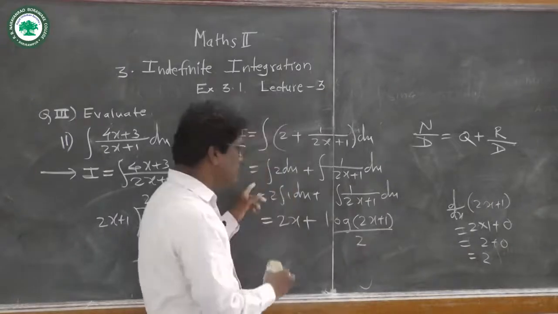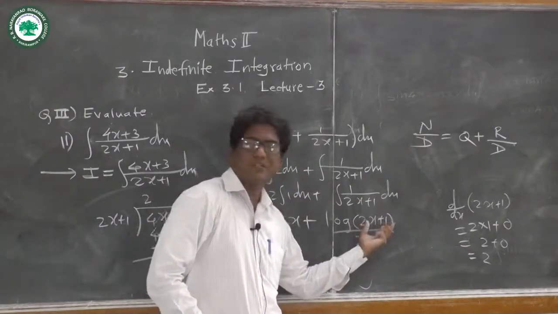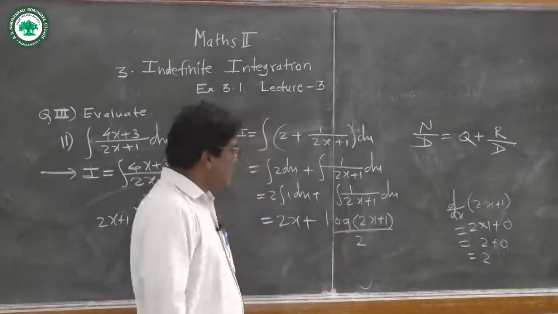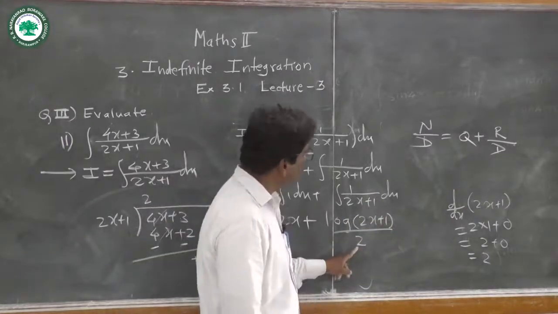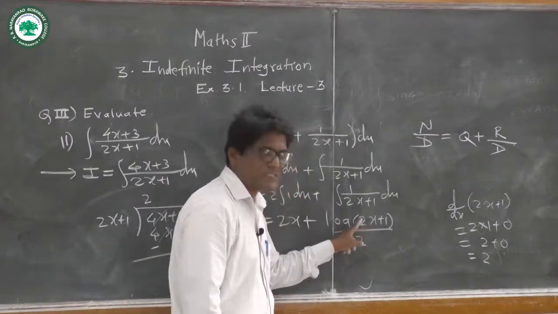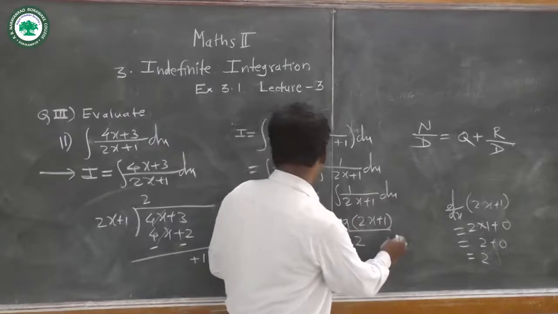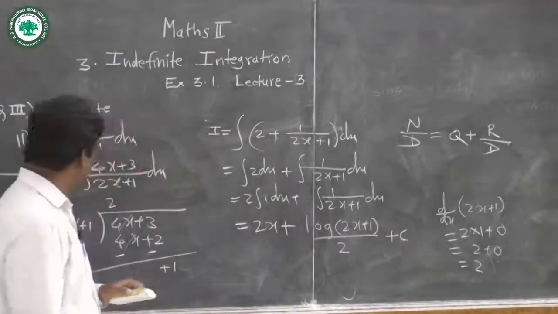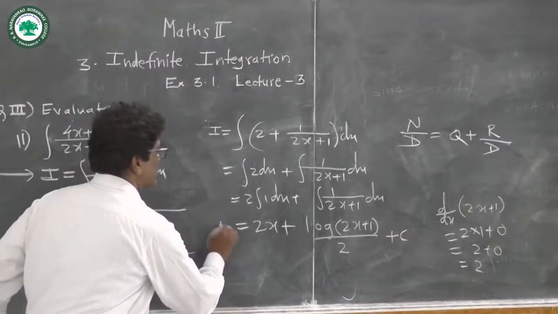The problem is integration, but we take the derivative of this bracket, which is a composite function, so divide by 2, or we may say divide by the coefficient of x. Here the coefficient of x is 2, plus the constant of integration. This is the final solution.